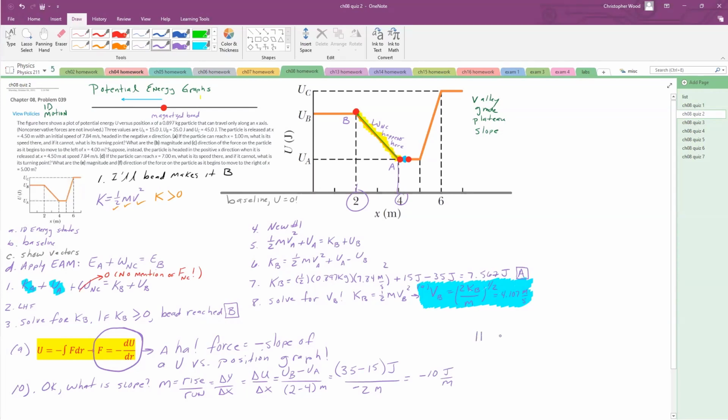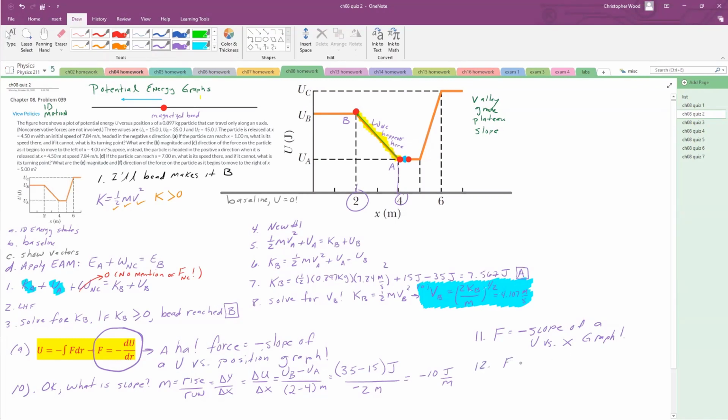But as mentioned, I'll go to step 11. Remember, force is negative slope of a potential energy versus position graph. So now number 12.